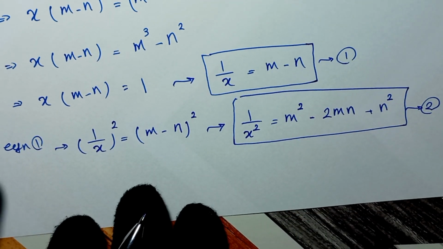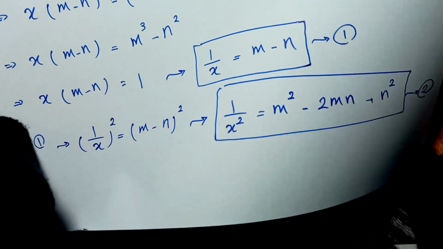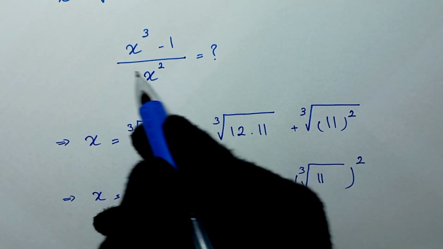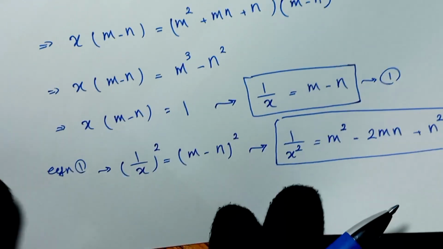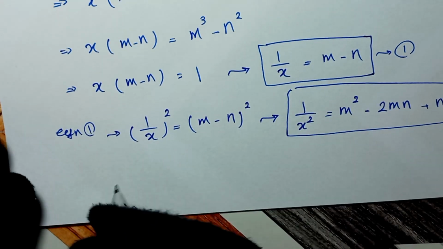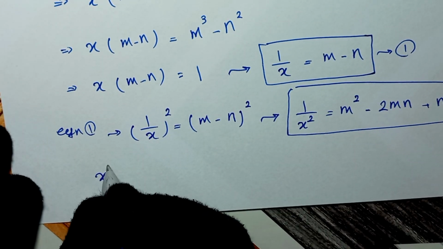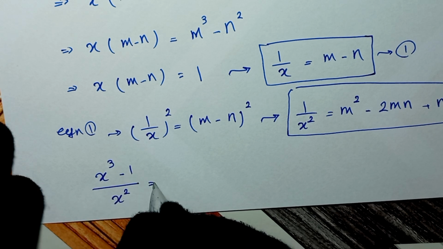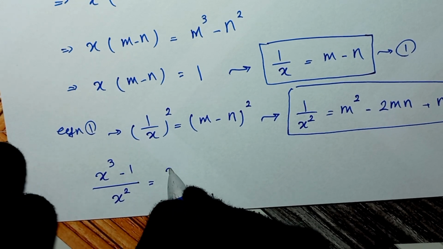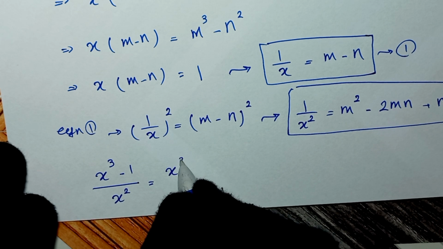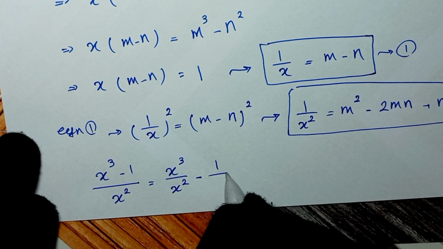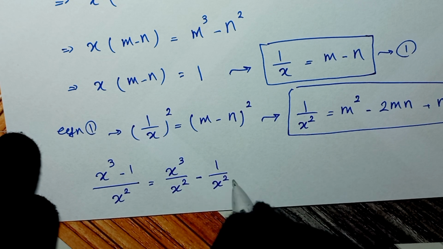So, in next step, we want to find the value of x cubed minus 1 over x squared. So we write in here x cubed minus 1 over x squared. And we can write this as x cubed over x squared and minus 1 over x squared, right?